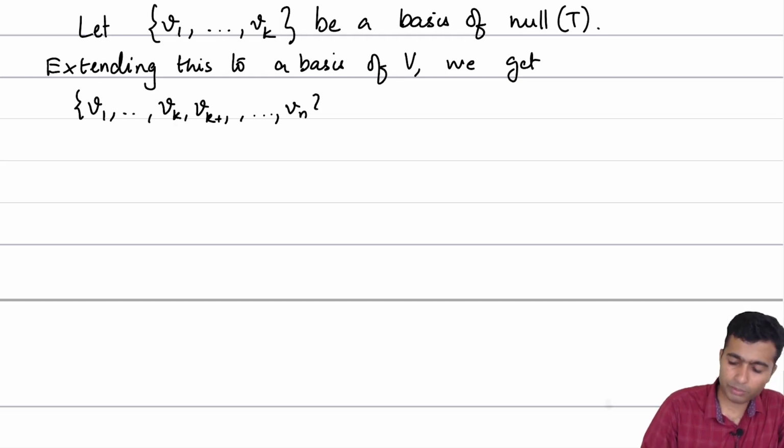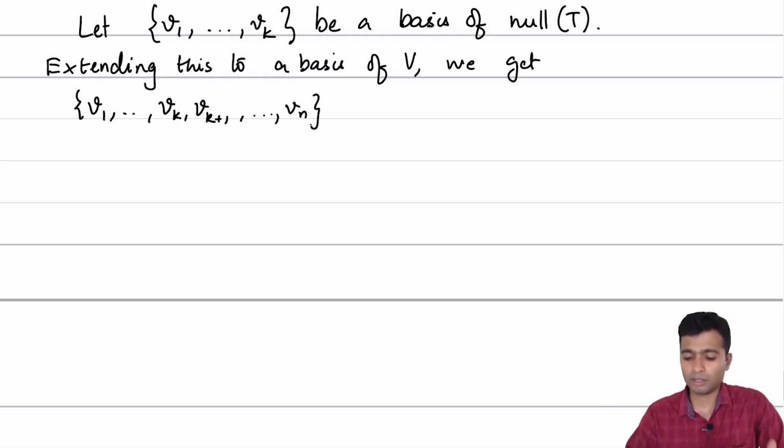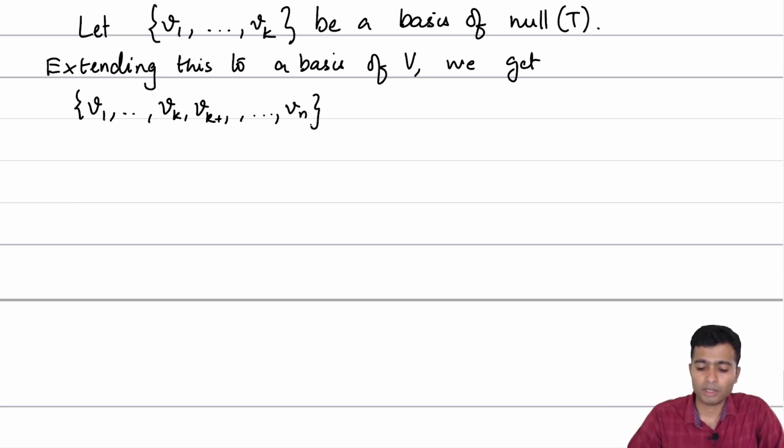What does it mean to extend a linearly independent set? Well, we could use the replacement theorem. We can start off with a basis of V and we have a linearly independent set of size k. Then we know that there is a subset of the basis of size n minus k such that, together with this particular set, it will be a spanning set.